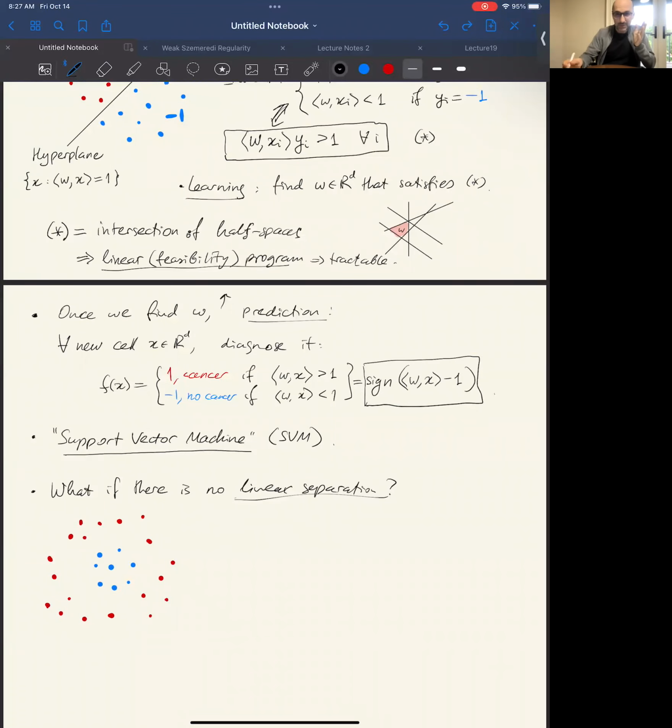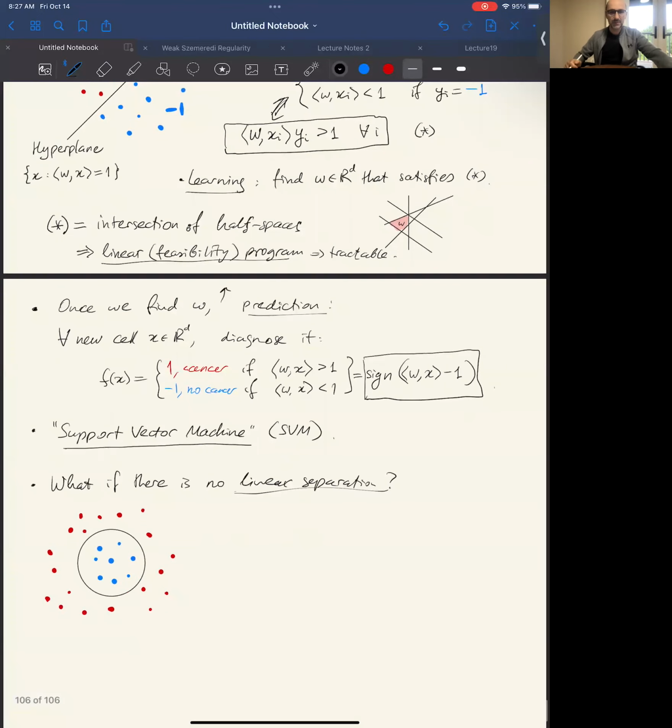On the other hand, if you look at this picture, there is some separation, clearly. Not linear, maybe, but like that. They're kind of separated, only non-linearly. And how do you build a machine that separates them like this? There are two ways of thinking about this.